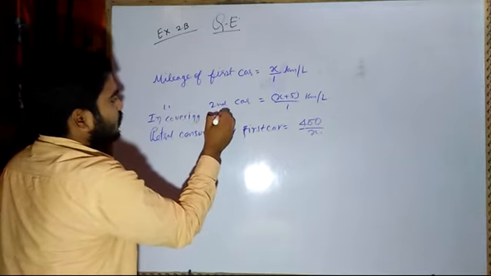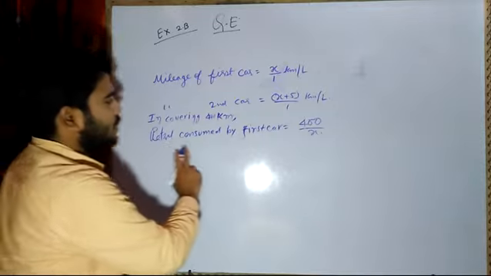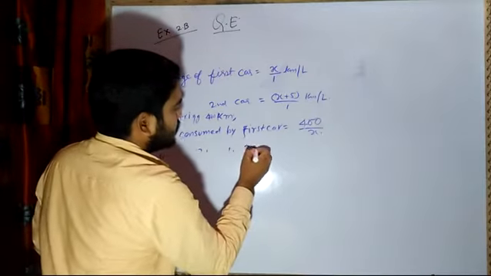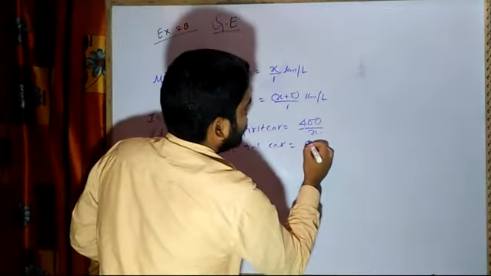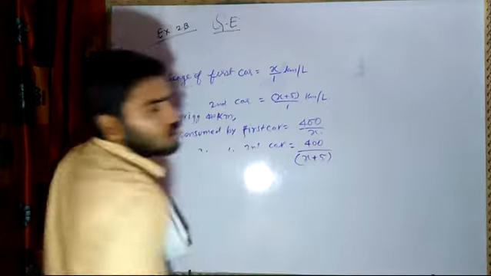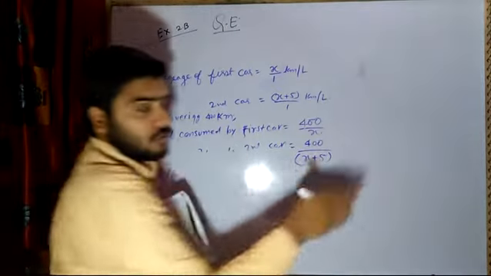Yes or no? Petrol consumed by second car will be equal to 400 upon x plus 5. Yes or no?